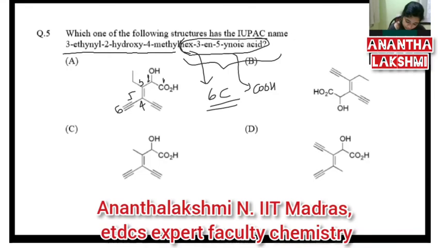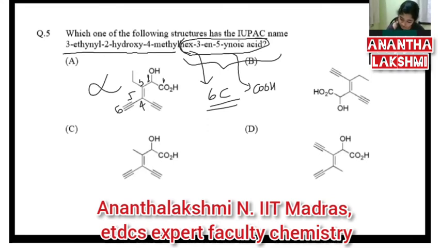So yes, now we can see hydroxy is at 2, so that is correct. Even 3-ene is also correct. Yeah, 5-ynoic acid is also correct. But what is not correct is 4-methyl. We don't have any methyl group at 4. So this is wrong. We eliminated that option.